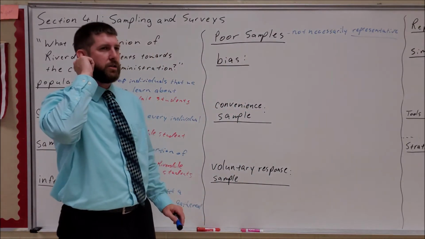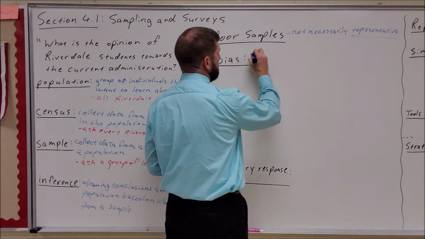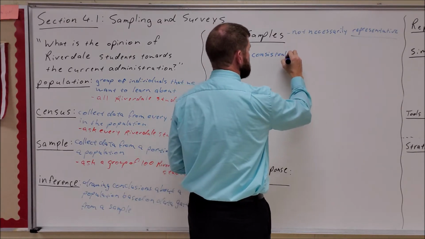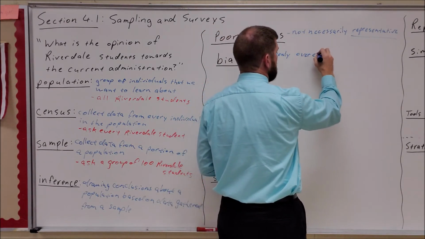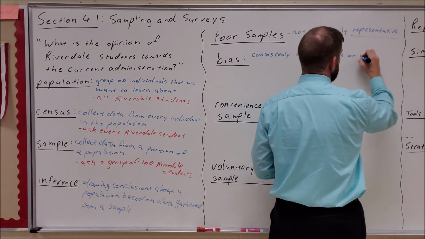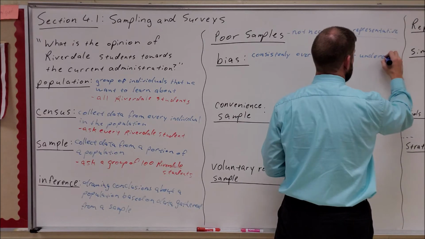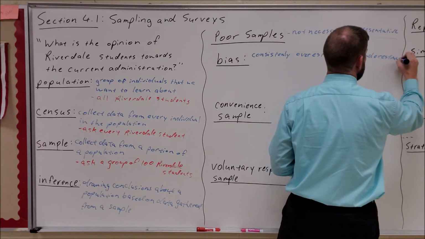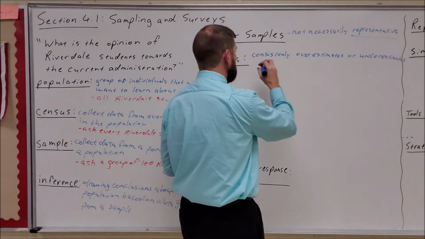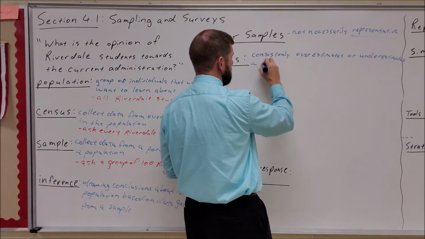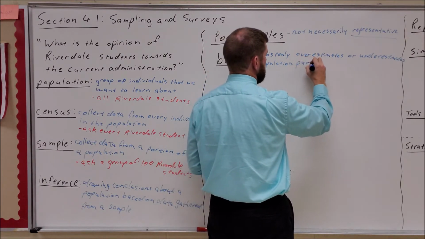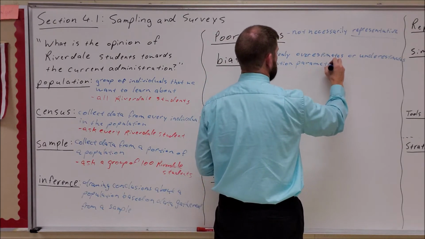So with bias, you want to just think of a sample, or a study, that consistently overestimates or underestimates a population parameter.